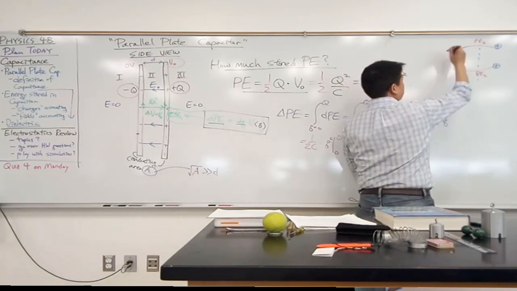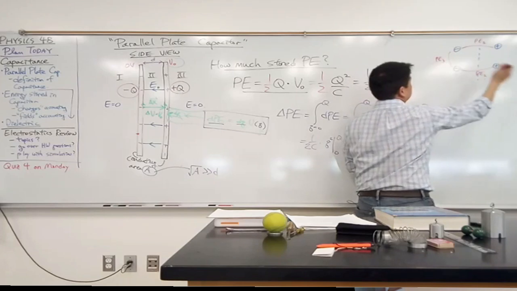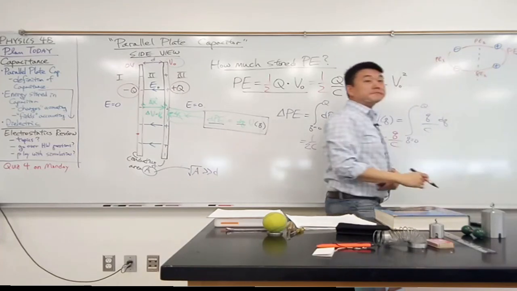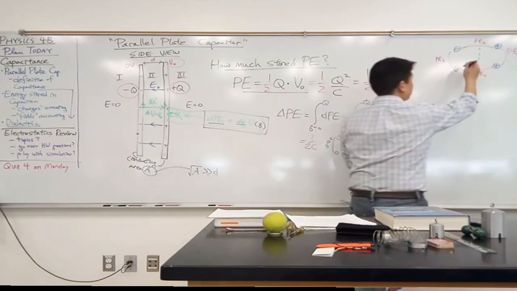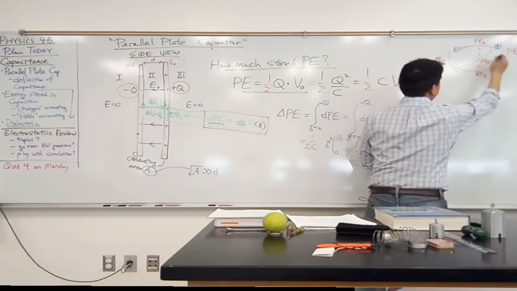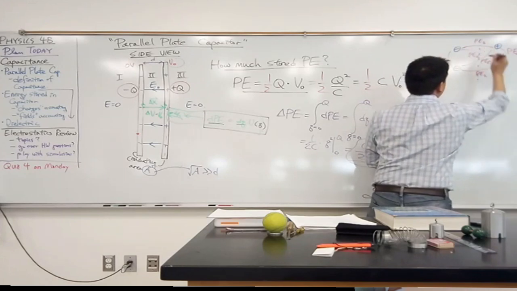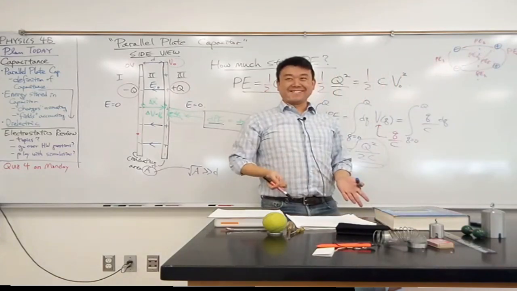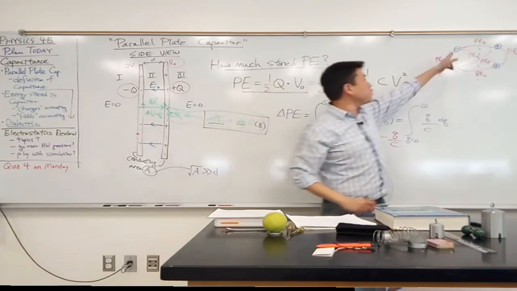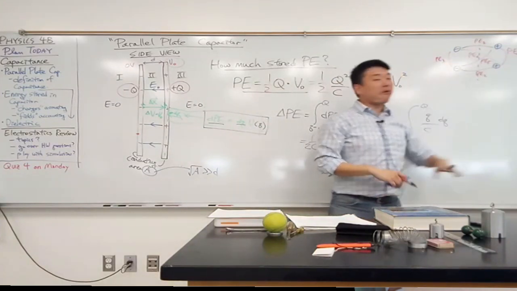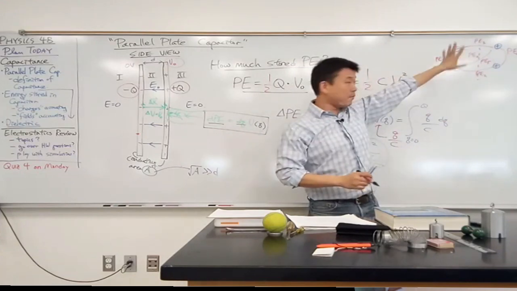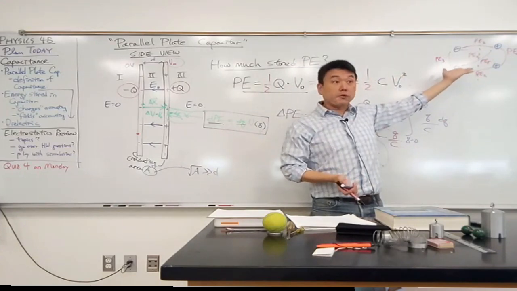There's this, potential energy 3, this pair, potential energy 4. Any other pairs? There's more, yeah: potential energy 5 and potential energy 6. Any other pairs? Now I'm done, right? If I'm dealing with point charges, this is how I would count up energy. Count all of this up and add them all up, and that would give you the potential energy.